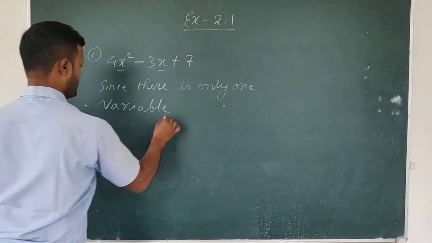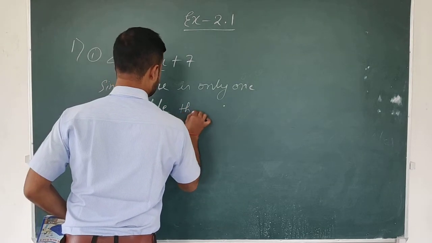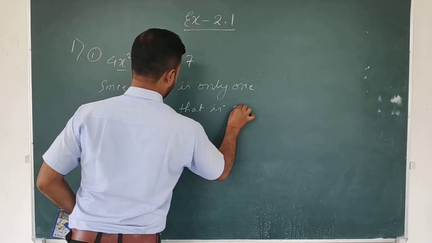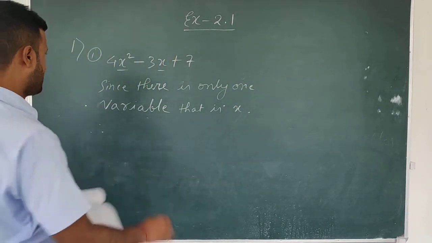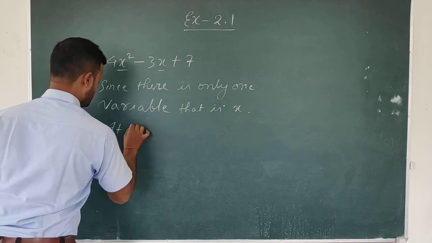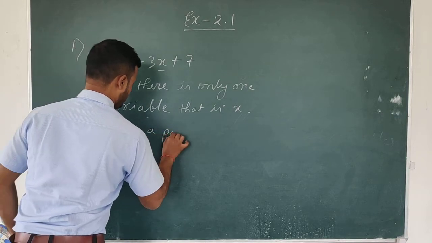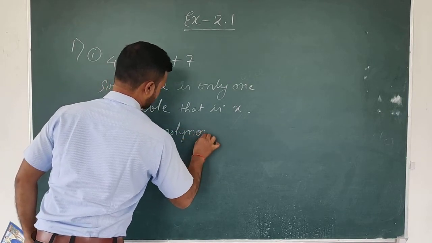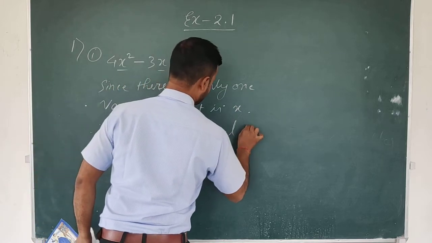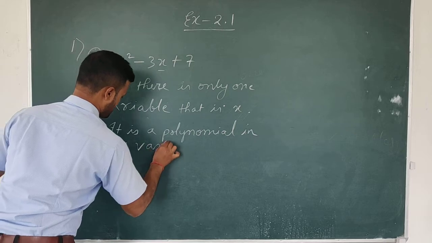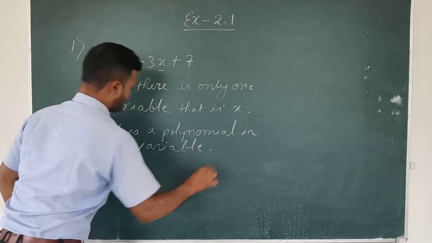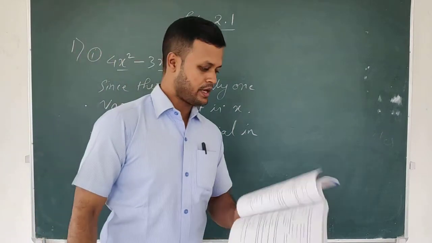Only one variable, that is x. Therefore, it is a polynomial in one variable, okay?